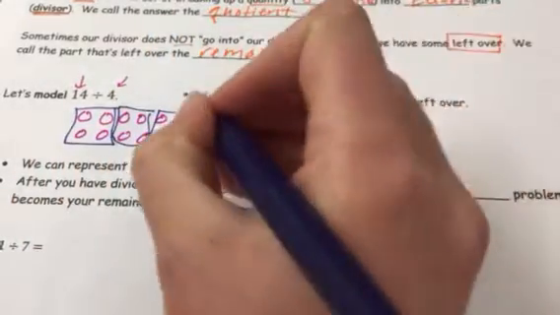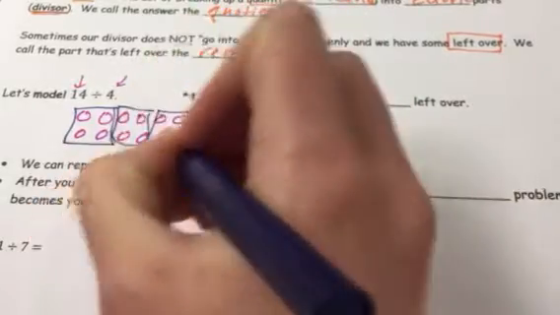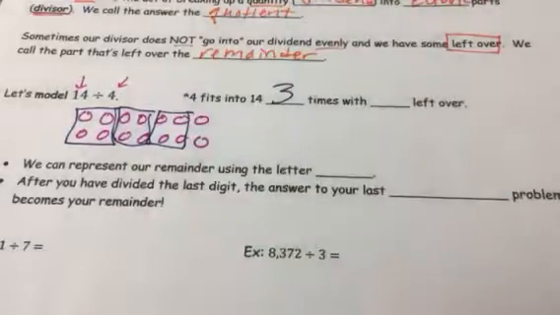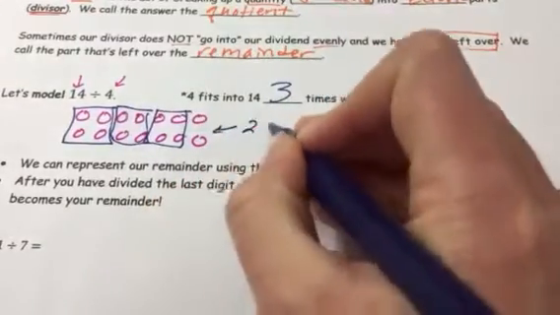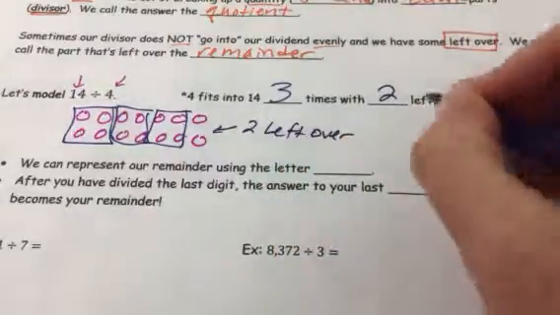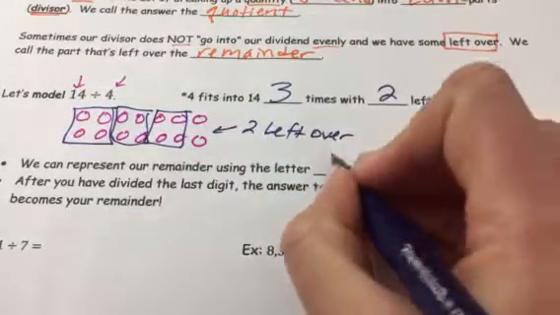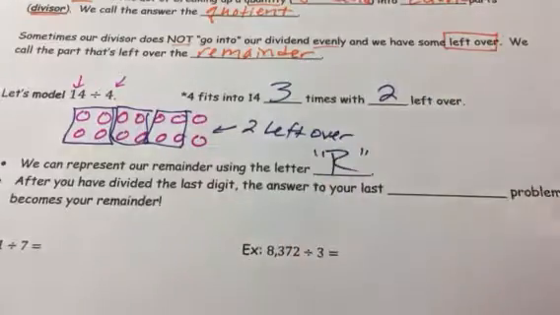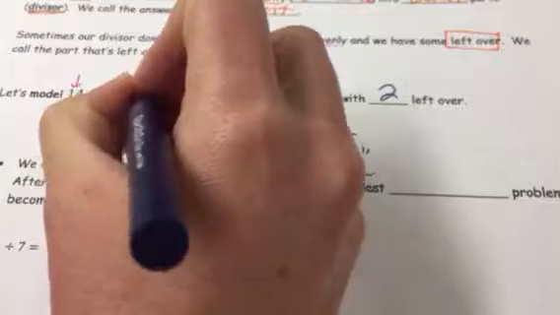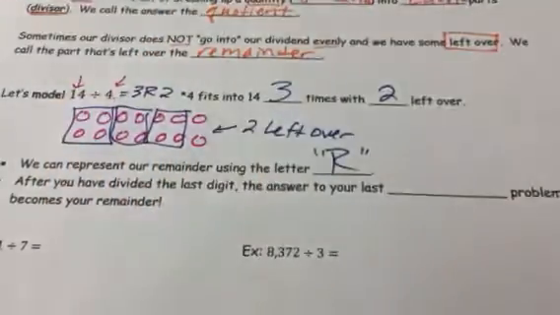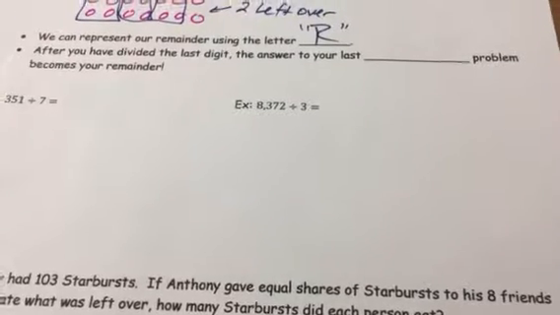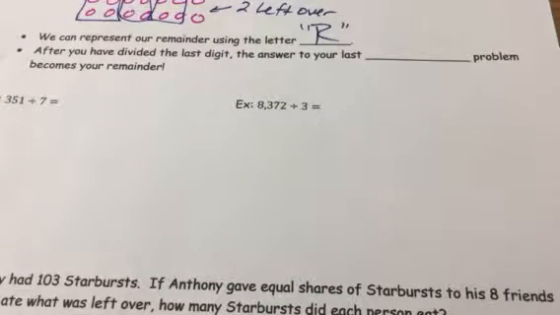So 4 does fit into 14 3 whole times, but we have 2 left over, 2 remaining. So we are going to use the letter R to represent our remainder. So for this, I would say that 14 divided by 4 is 3 remainder 2. 3R2. So let's go ahead and take a look at a few more examples.